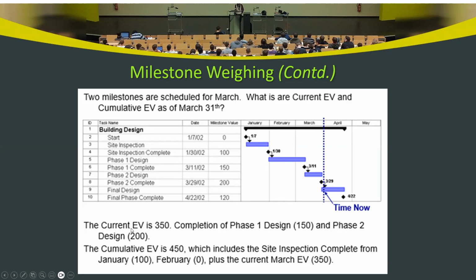We are talking about the current or periodic value for March. But if we look at the cumulative value, we also have 100 before this. In February there's nothing, but in January we have 100. So 350 plus 100 is 450. That's the cumulative earned value by March 31st.